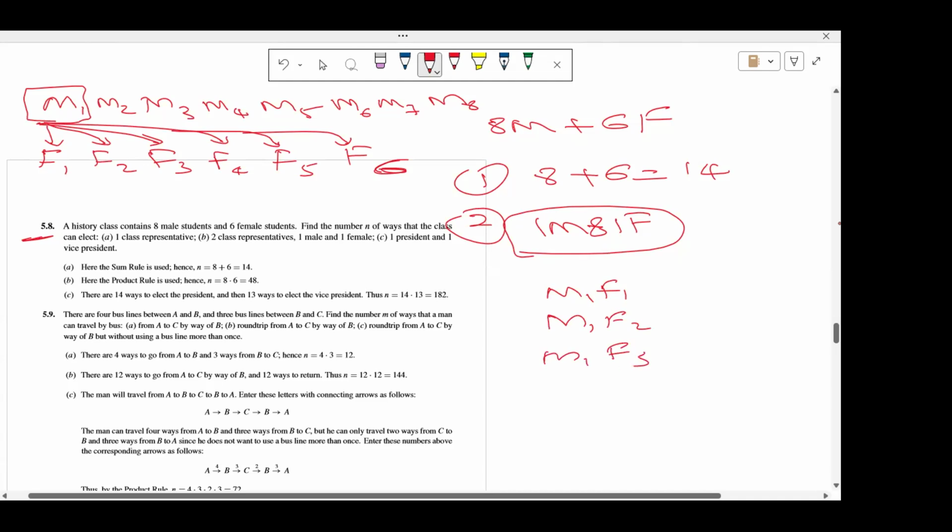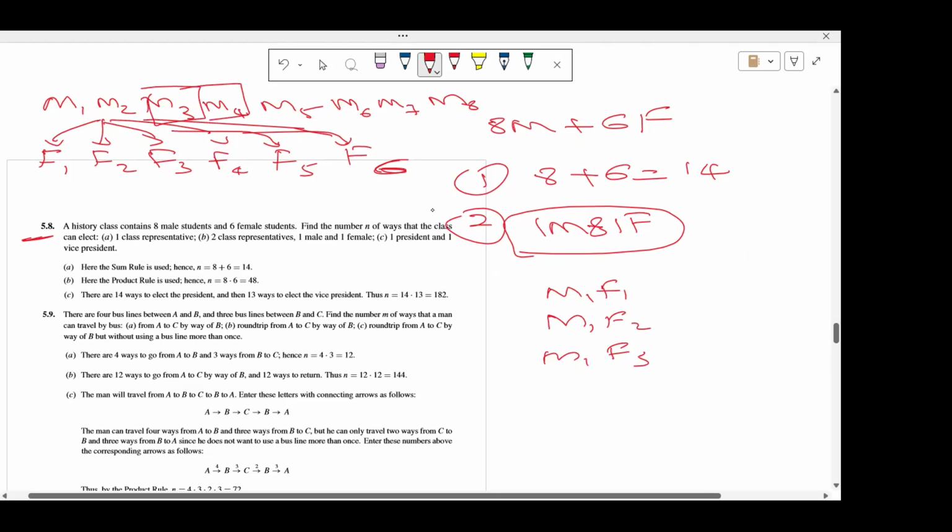Similarly, with male two I also have 6 possibilities, and for male 3 also the same, male 4, male 5. So altogether 8 times 6, that is 48. This is the normal way we can find the answer.